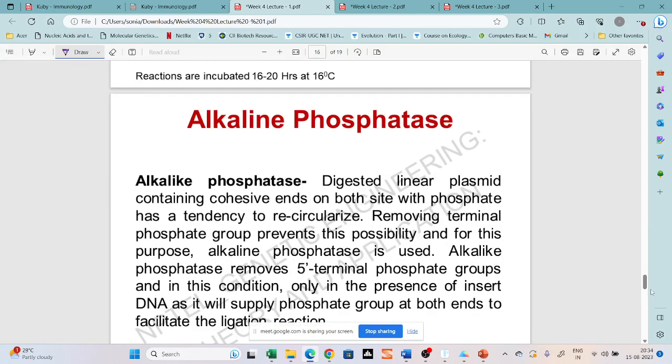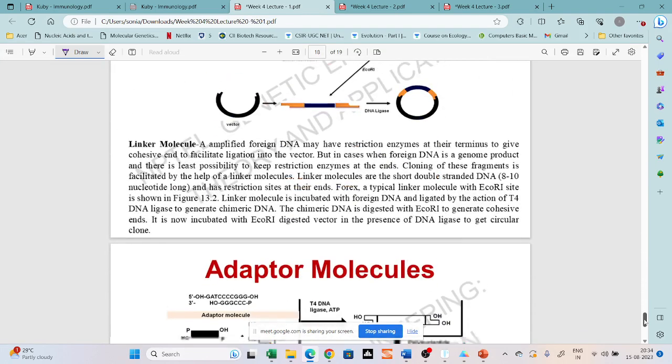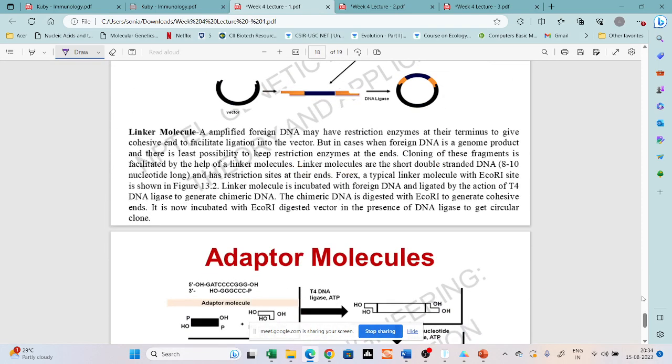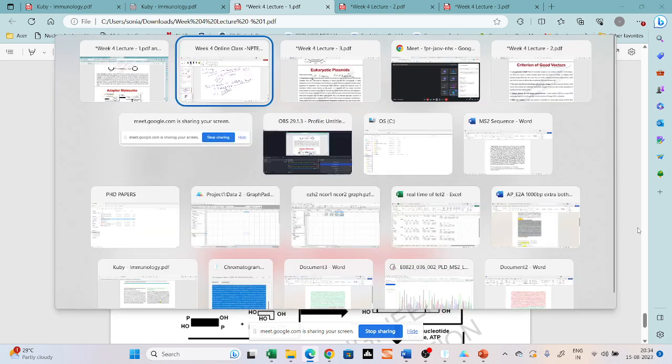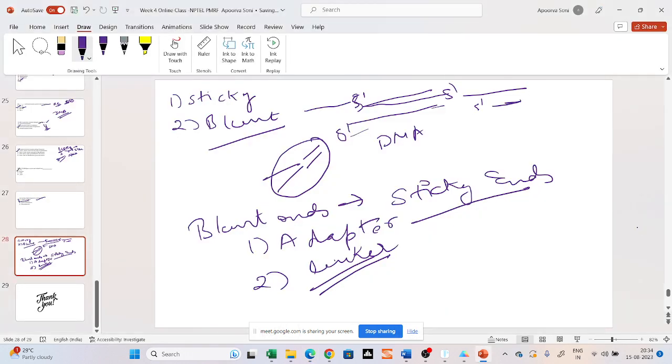So what we can do is that if this is your blunt end, you add some extra nucleotides. Now this nucleotide has the site for a restriction enzyme which will produce sticky ends, say EcoR1. EcoR1 produces sticky ends.